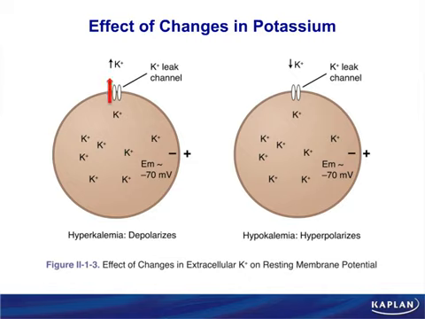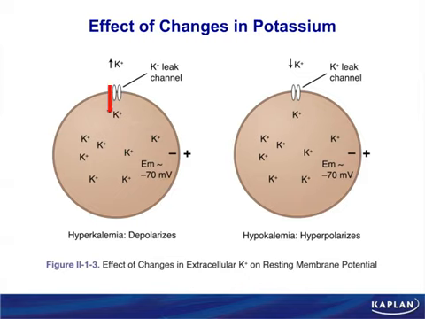If you have hyperkalemia, you have an increase in your extracellular potassium concentration. Because of that, you have a decrease in your electrochemical gradient. That leads to a decrease in the efflux of potassium. In fact, if the extracellular potassium concentration is high enough, instead of an efflux, you can actually get an influx of potassium.